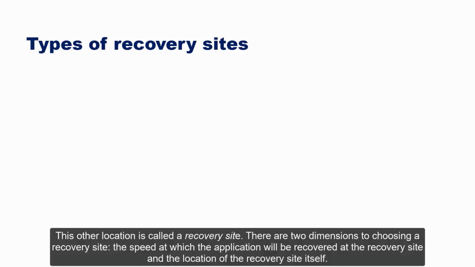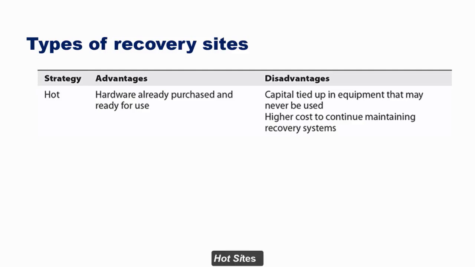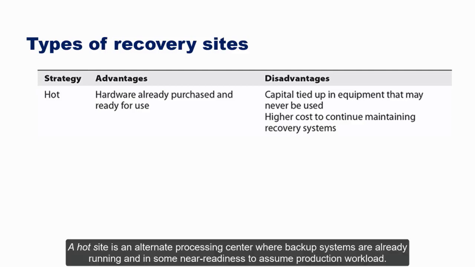This other location is called a recovery site. There are two dimensions to choosing a recovery site: the speed at which the application will be recovered at the recovery site and the location of the recovery site itself. Hot sites. A hot site is an alternate processing center where backup systems are already running and in some near readiness to assume production workload.